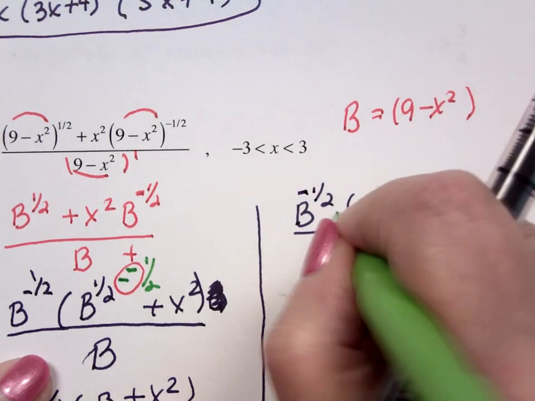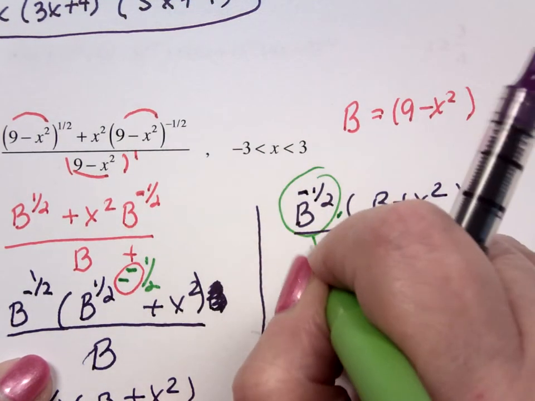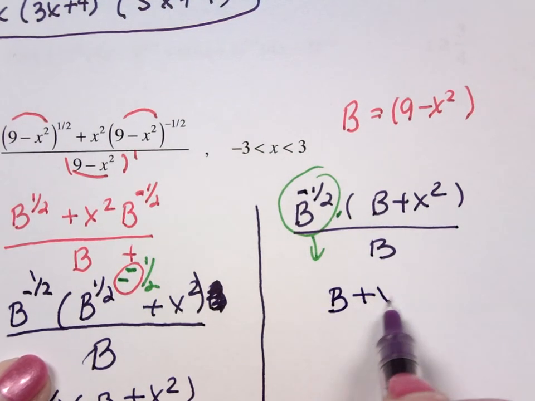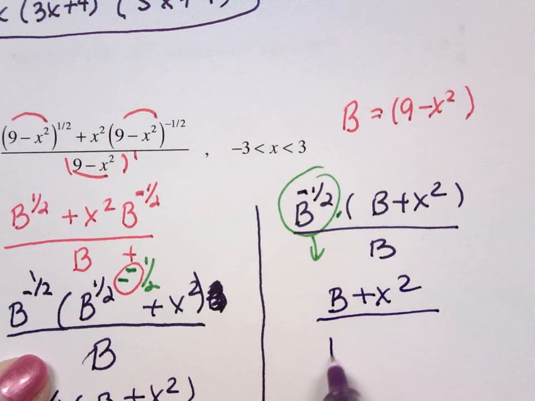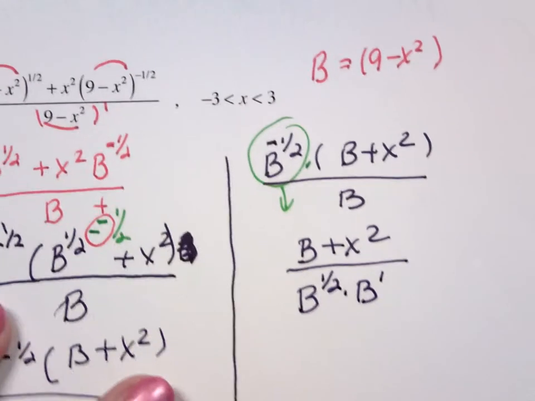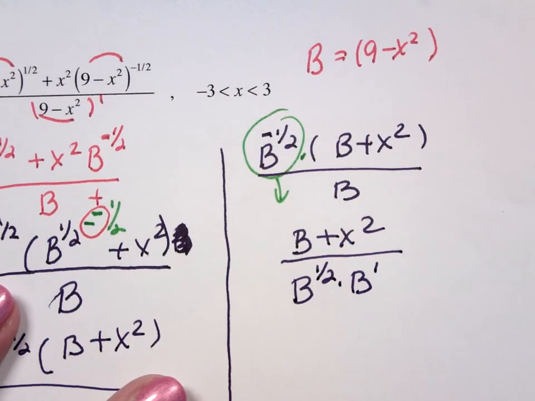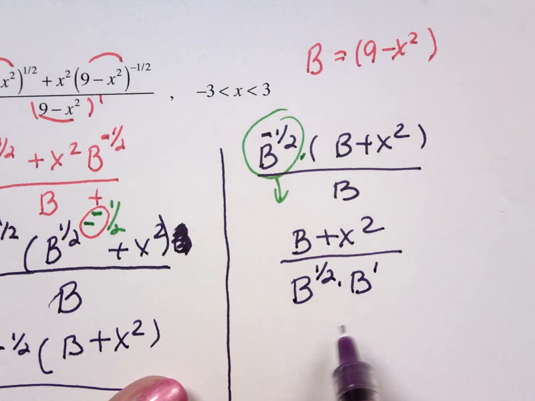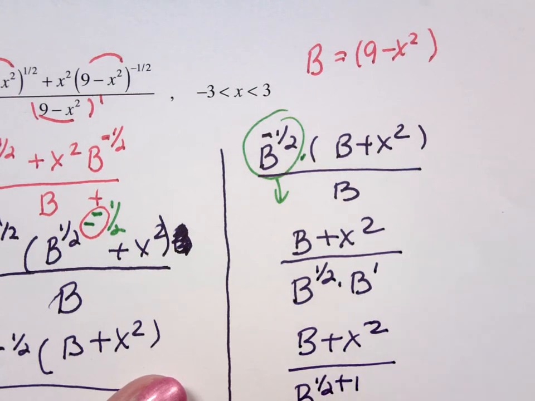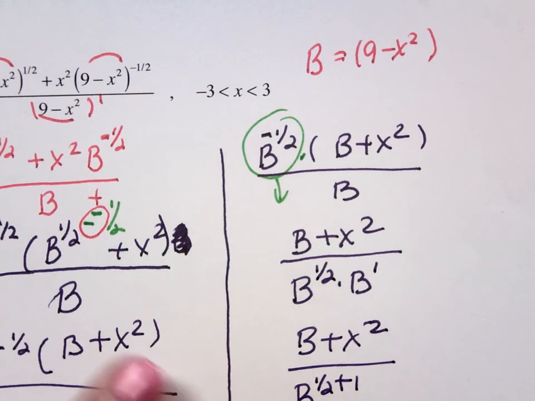Since this is a multiplication, this can be moved to the denominator. So this becomes b plus x squared over b to the positive 1/2, b to the 1, which is b plus x squared over b to the 1/2 plus 1. 1/2 plus 1 is 3/2.